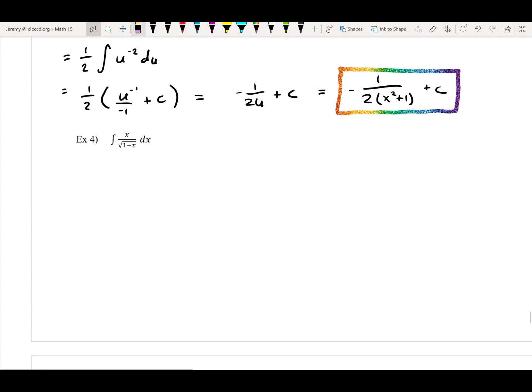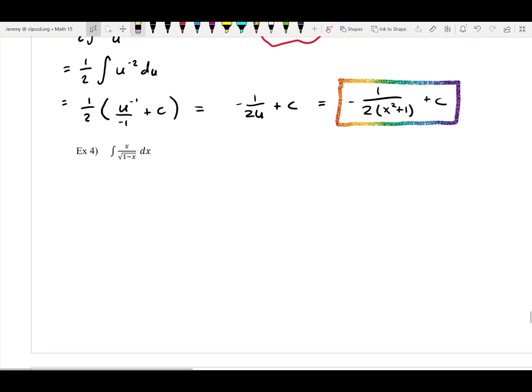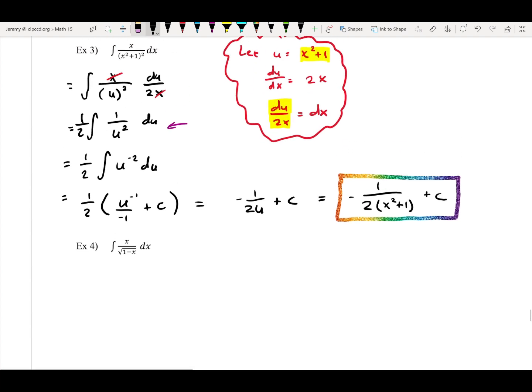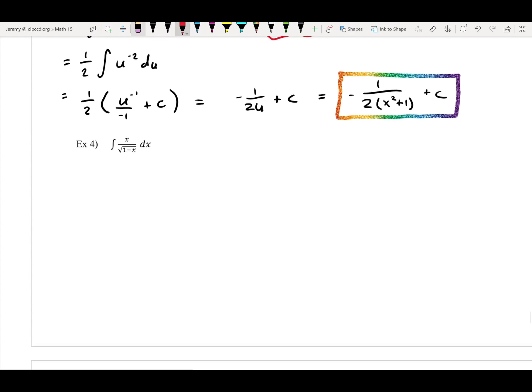And then sometimes there are little curveballs. Example 4 is one of those situations. We're looking at an indefinite integral, x over the square root of 1 minus x dx. It doesn't look too different from the last example, so maybe I'll try something similar.